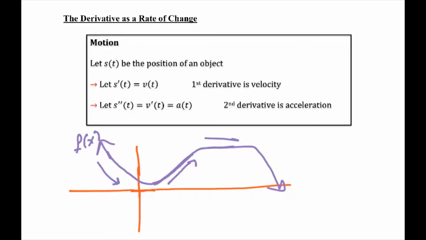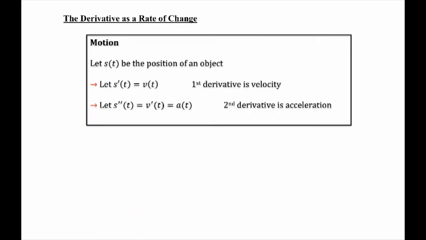Now, one really important area when you want to know the derivative and how things are changing is when it involves motion. So let's look at some of the key terms and derivatives for that.